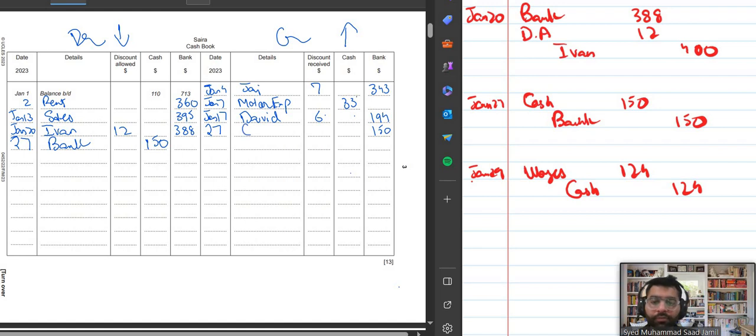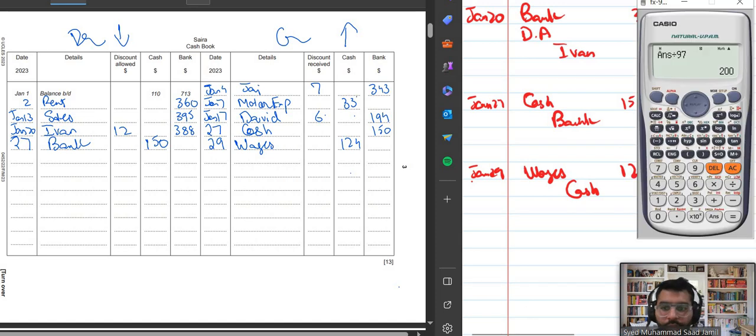Because of cash. So this is a contra entry, all right? Make sure you guys learn this, make a star on this entry. Many students get it wrong. Now, we have Jan 29th. So cash is credited, okay, credit section because of wages. All right, so far so good.